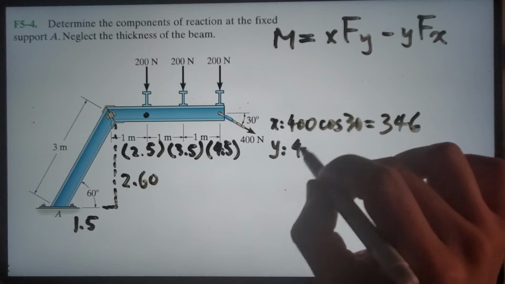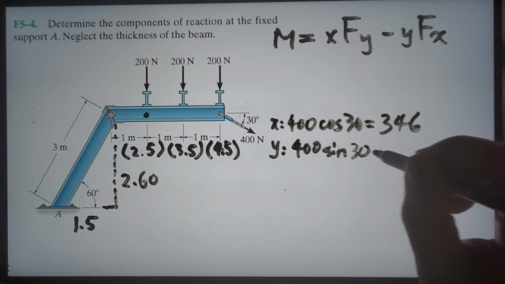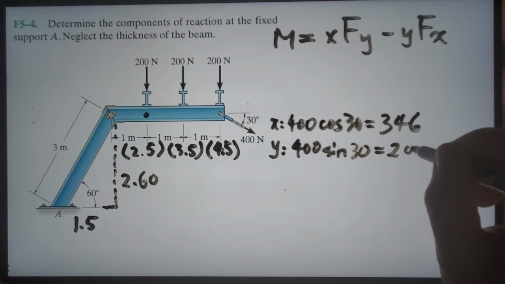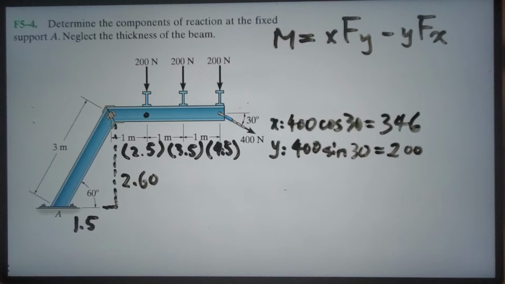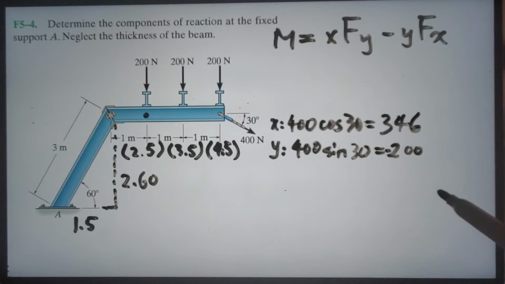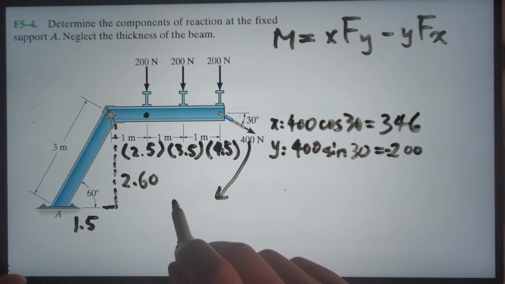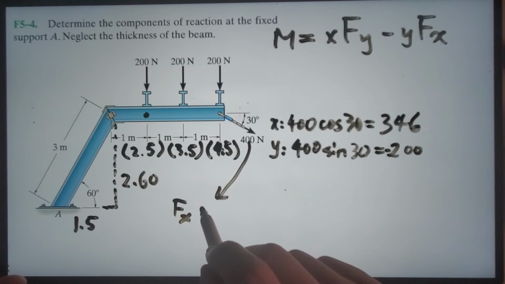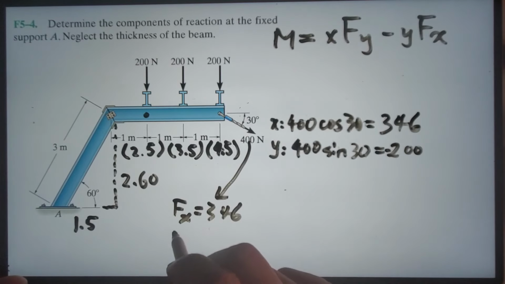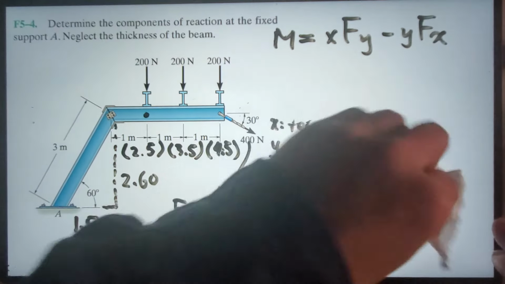So 400 times sine of 30 is equal to 200. And it's going down, so it's negative. Now we are going to use this formula. Just to save space, for this force, Fx is equal to 346 and Fy is equal to negative 200.